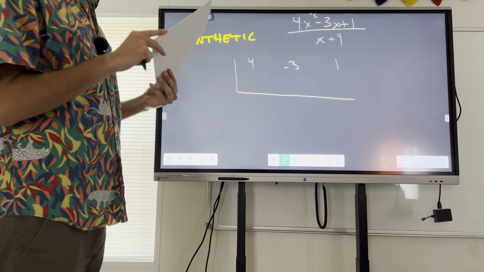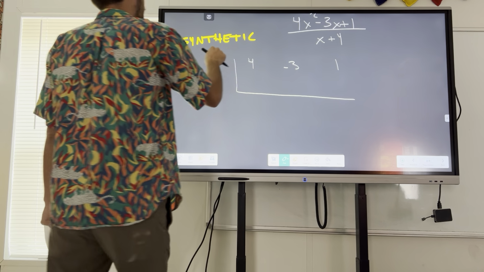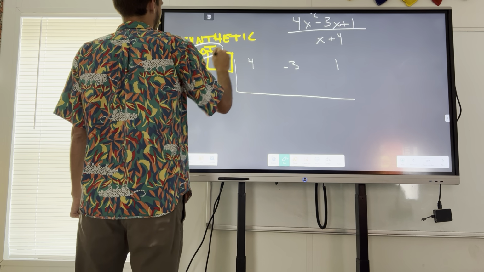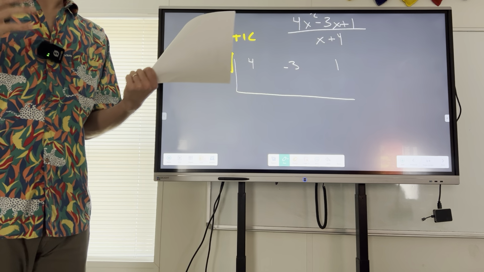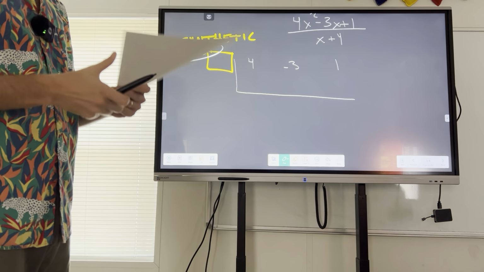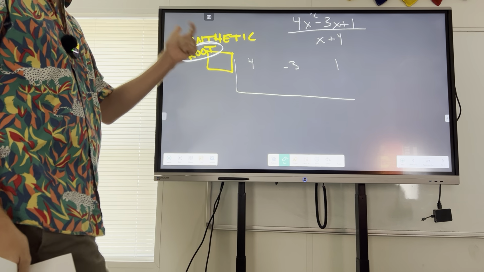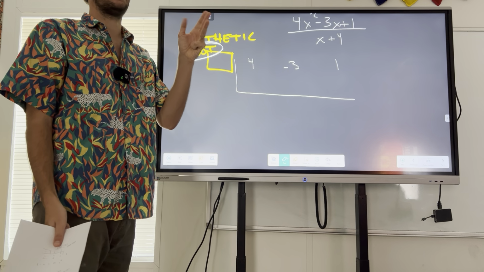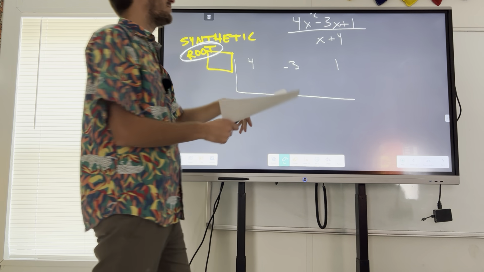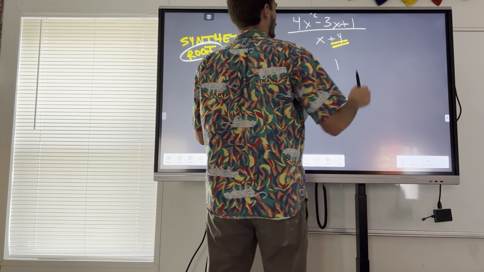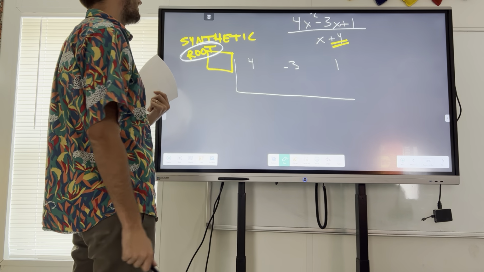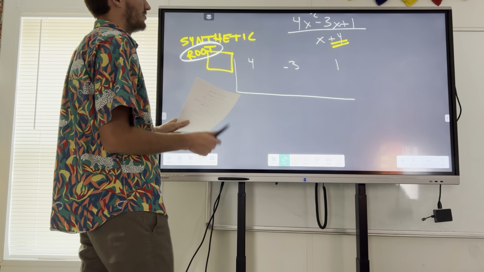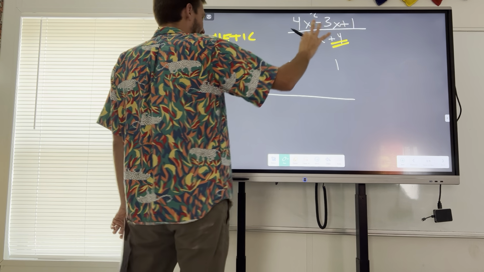Now, what do we want to divide by? Here's the piece: we want to divide by a root. Dividing by a root is the same thing as an x-intercept, a solution, a zero, but it is not the same thing as a factor. So we basically don't want to use that 4.